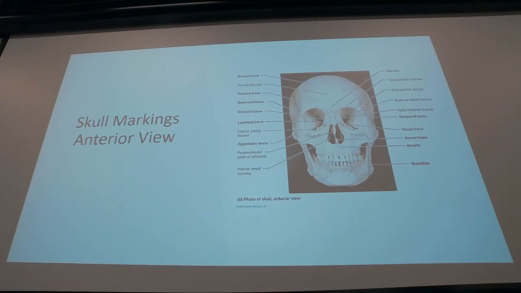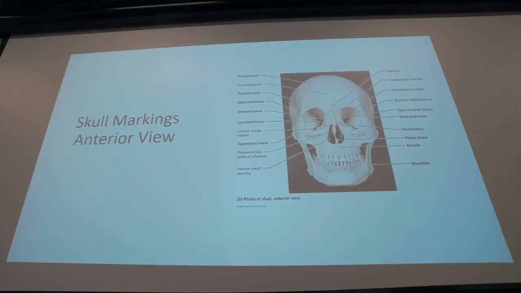And then the superior part of our orbit is going to be called the supraorbital margin. So that's where we have our eyebrows, the supraorbital margin. And in this part of the supraorbital margin, we can either have a foramen or a notch. If you have a foramen, it's going to be called the supraorbital foramen. If you have a notch, which is an incomplete foramen, it will be called the supraorbital notch. And what passes through there?